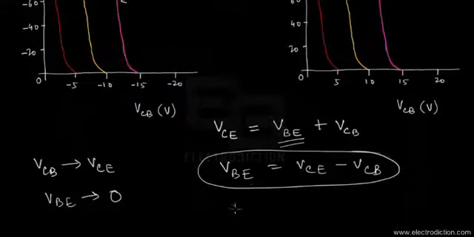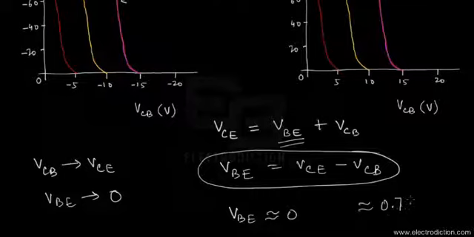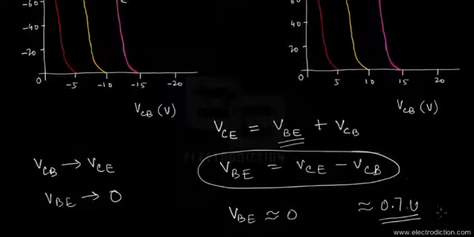And whenever the base emitter voltage is 0 or approximately 0, the BJT would turn off, because it requires a minimum of approximately 0.7 volts to turn on, so that this voltage level is able to forward bias the emitter junction present in the BJT.